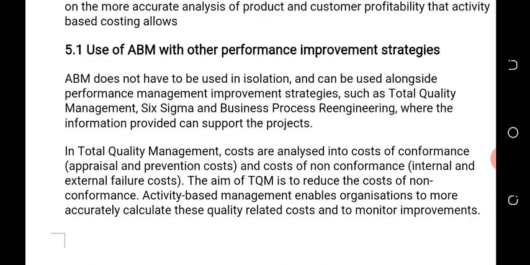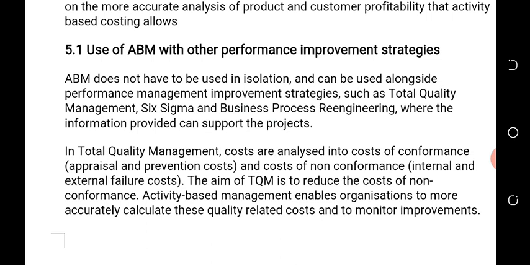This is a topic that my colleague has taught, cost and quality control. So the aim of TQM is to reduce the cost of non-conformance.